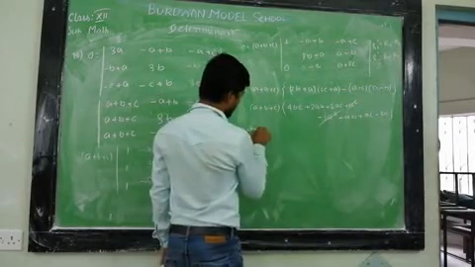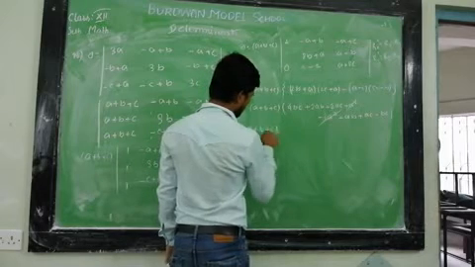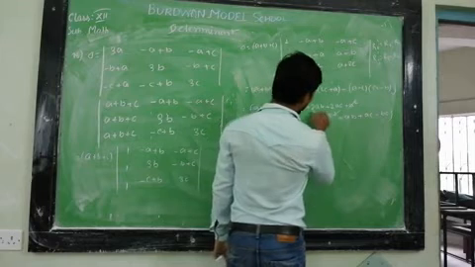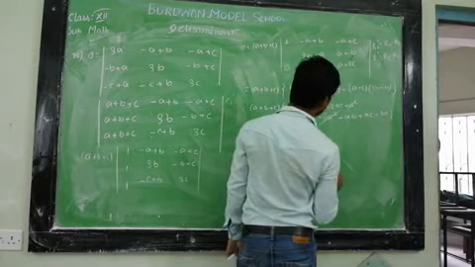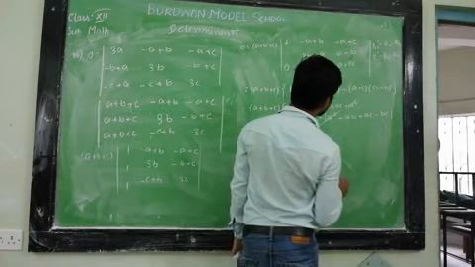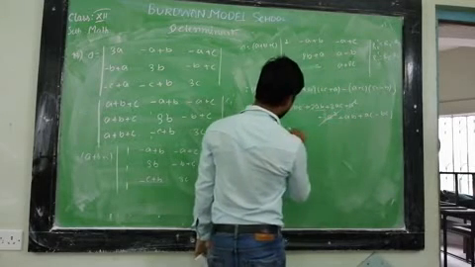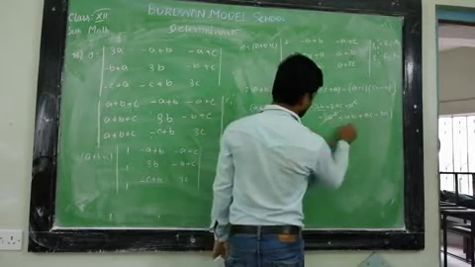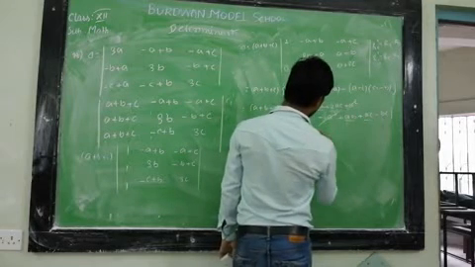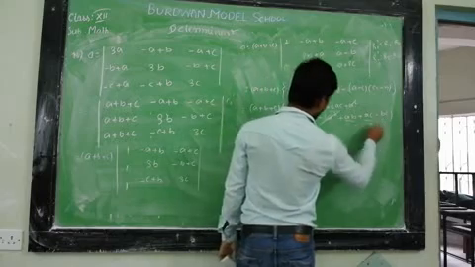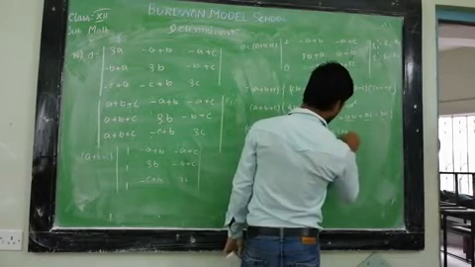That means a plus b plus c into, look, this is 2ab and this ab, that is 3ab. 2ac plus ac means 3ac. 4bc minus bc means 3bc.